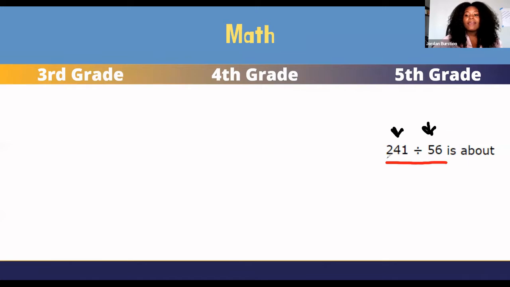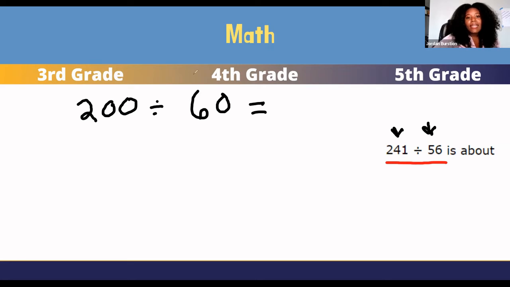2041, if I round to the nearest hundreds place, is 2000, divided by 56. If I round to the nearest tens place, it is 60. Okay, equals, so how many times can 60 go into 200? All right.